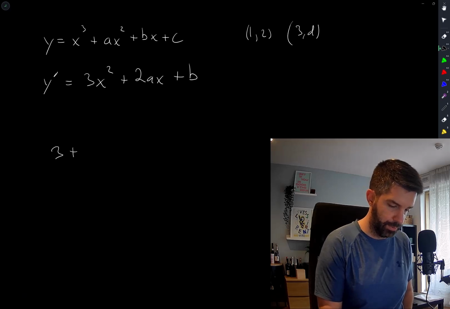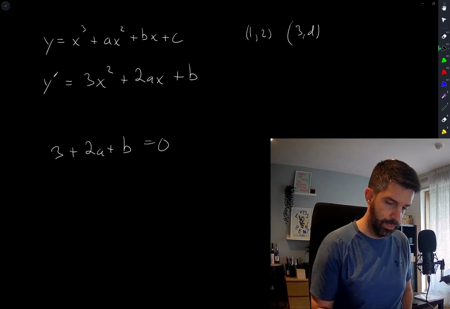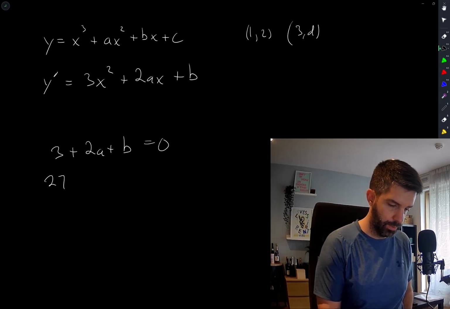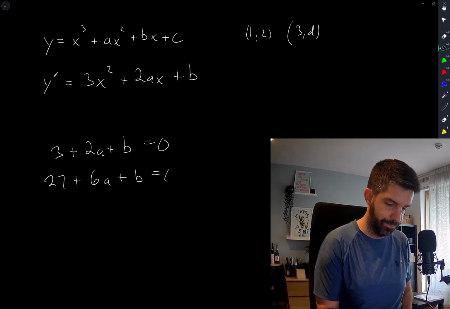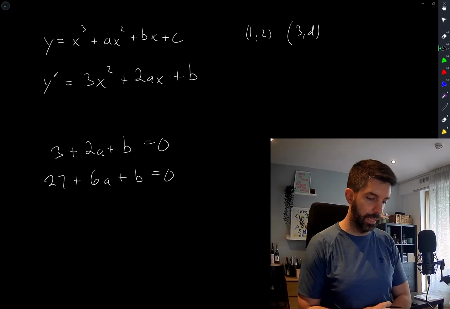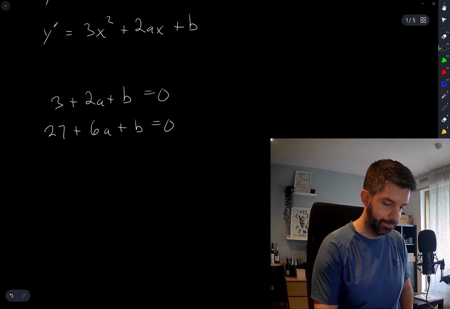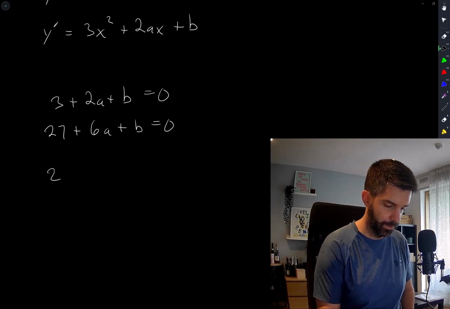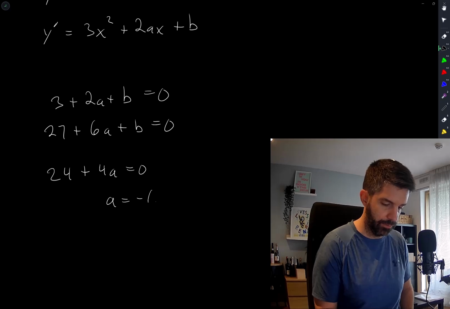So 3 plus 2a plus b is equal to 0, and also 27 plus 6a plus b is equal to 0. So this allows us to solve for a. 24 plus 4a is equal to 0, so a is equal to -6.